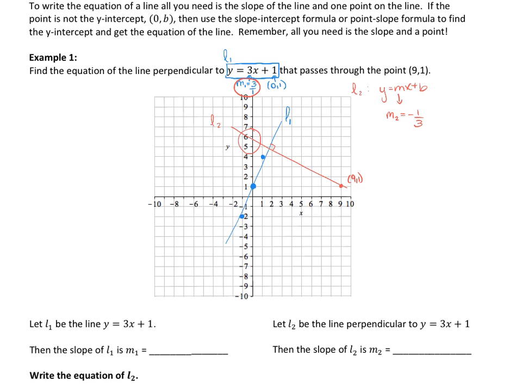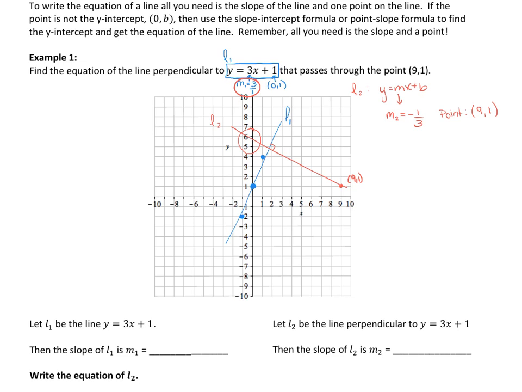Now we have the slope of the line we're trying to write the equation for. To write the equation, all I need is the slope and one point. Don't we know at least one point on that red line? Yes, we know the point (9, 1) is on that line. With a slope and a point, you can use either the slope-intercept formula or the point-slope formula.